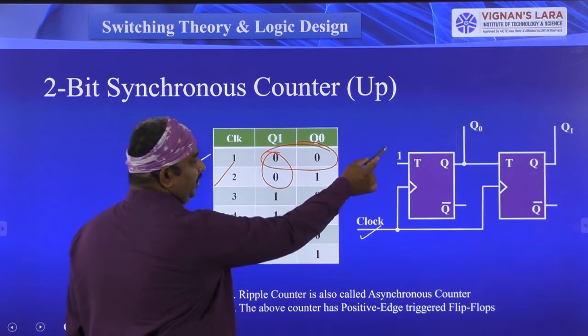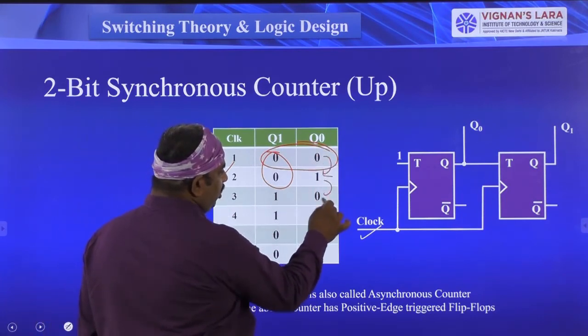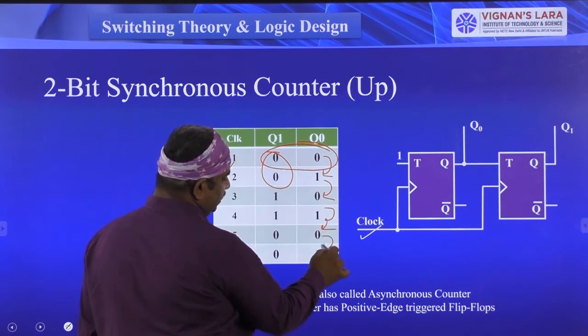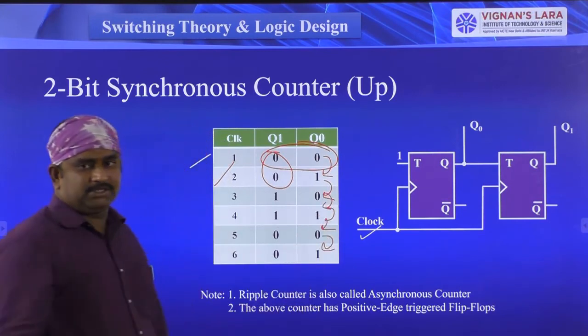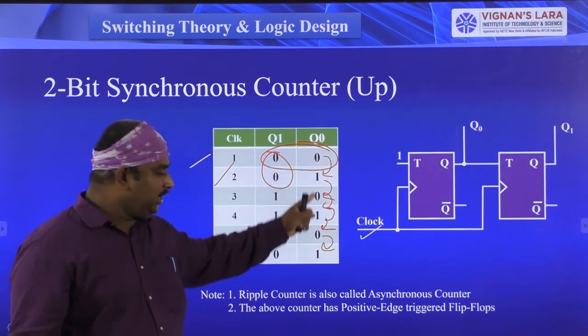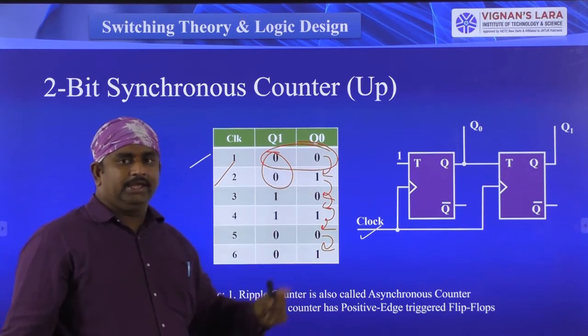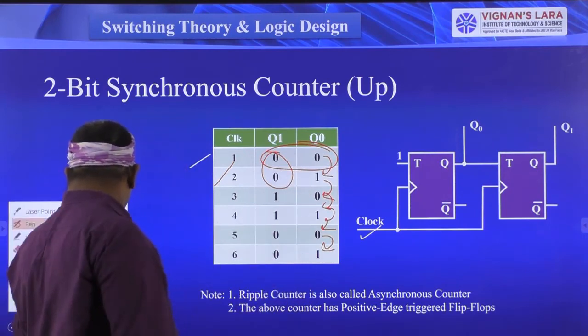But for the first flip-flop, T is equal to 1, so for each clock signal, the value of Q0 is changing. See here, for each clock pulse, the first flip-flop output, that is Q0, is changing continuously. You can check the behavior, it is changing continuously. Okay, right.